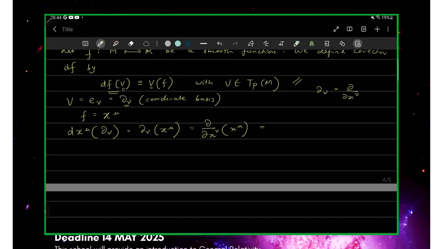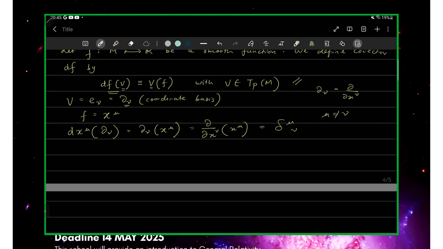This is pretty basic, right? It should just give me the Kronecker delta, which essentially means that if you have del x^mu with respect to del x^nu, if they're different coordinate points, it would mean that mu and nu are not equal.